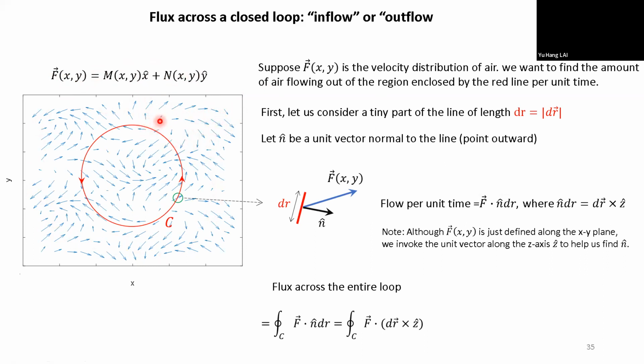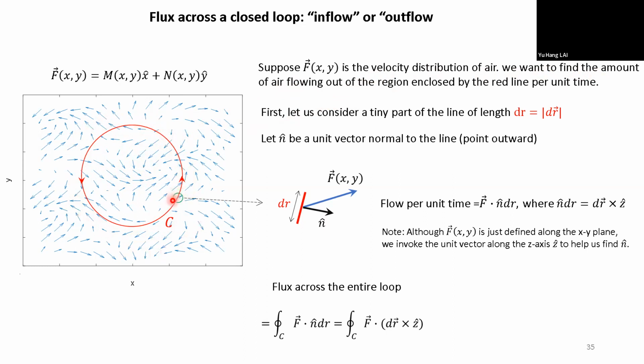So suppose I have this wet path, or this wet boundary, enclosing some circular region. What I want to find is the amount of air flowing out of this region per unit time. To do that, first of all, consider a very small segment of this entire boundary.